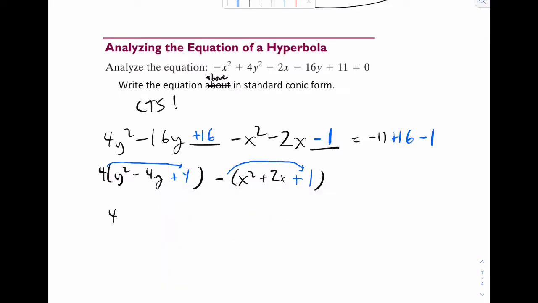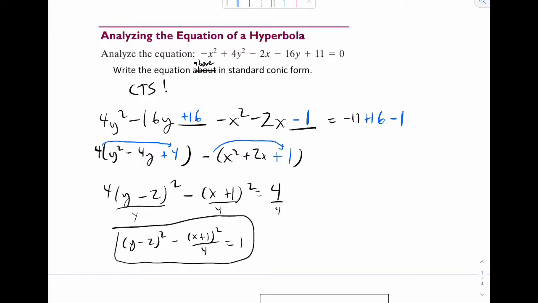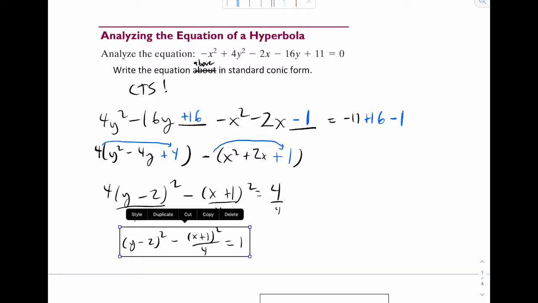Now I keep going. 4 times y minus 2 squared minus x plus 1 squared, and that's going to be 4. Now we're pretty much done. Divide everything by 4. y minus 2 squared minus x plus 1 squared over 4 is equal to 1. And there's our standard conic form, and we can figure everything out past that if we had to. But in your homework, you'll stop there when it asks for standard conic form.